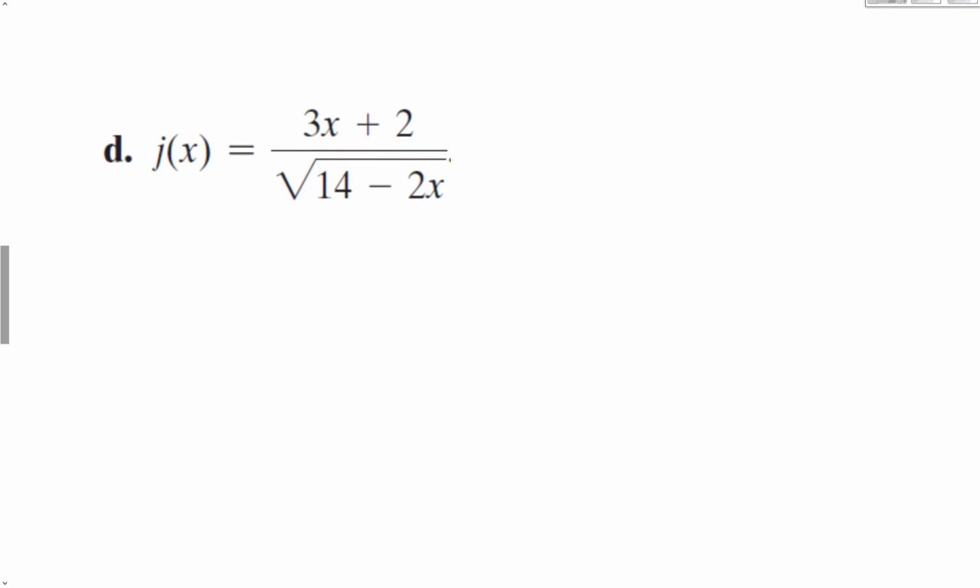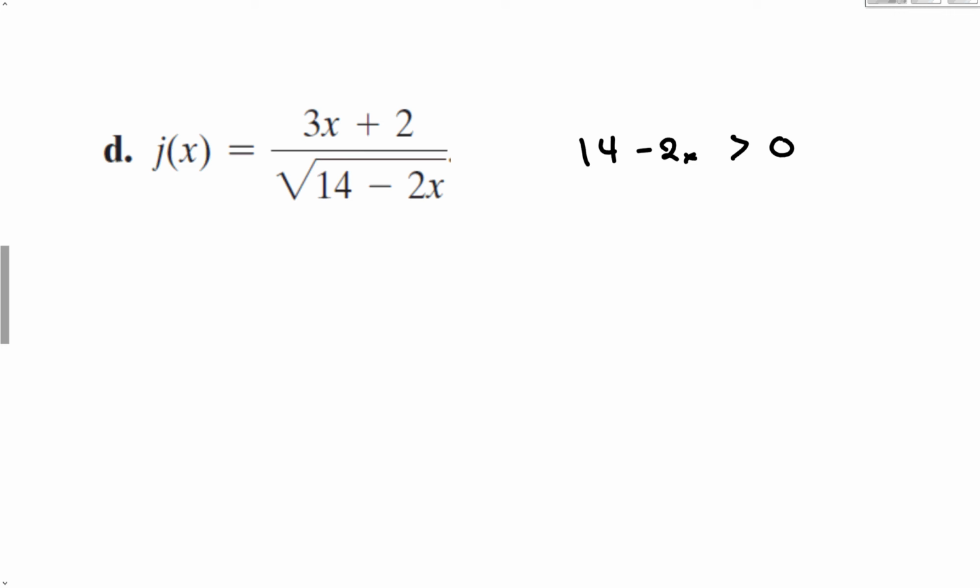And last one. Now the radical is in the denominator. So now I want to know everywhere that makes the square root greater than or equal to 0, but I don't want it to be equal to 0 because it's in the denominator. So I just want to know where 14 minus 2x is greater than 0.